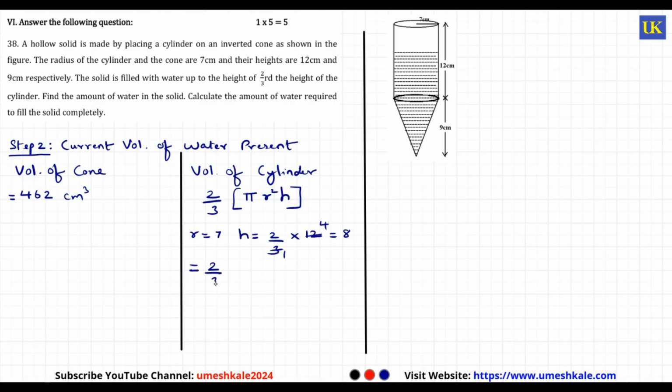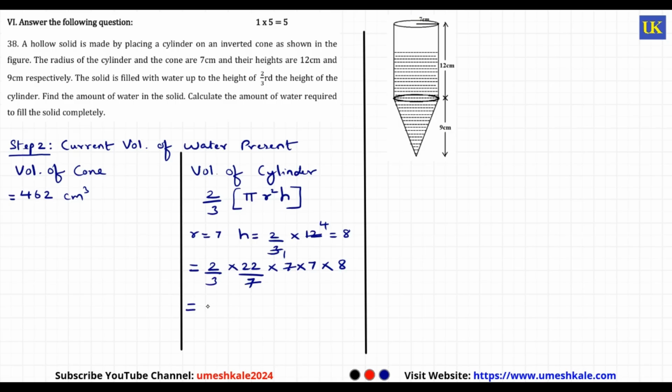So two-third into the value of pi is not mentioned, so we will take 22 by 7 by default. And the radius is 7, so 7 r square, so 7 into 7, and height is two-third height we have to take. Two-third of total height 12 is 8. So now in the second step the height will become 8. Now we will cancel 7 into 7, nothing else we can cancel.